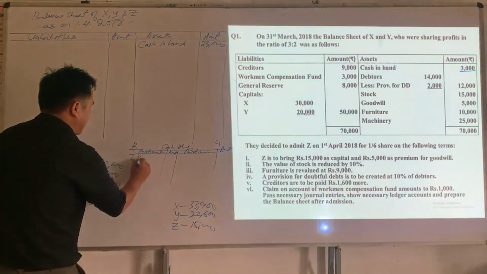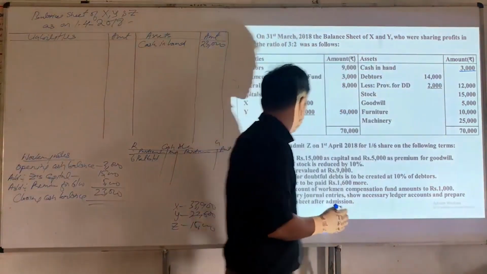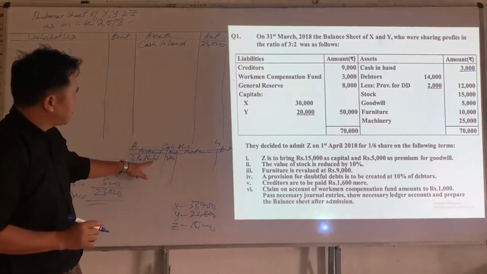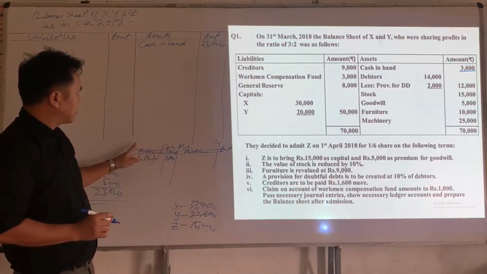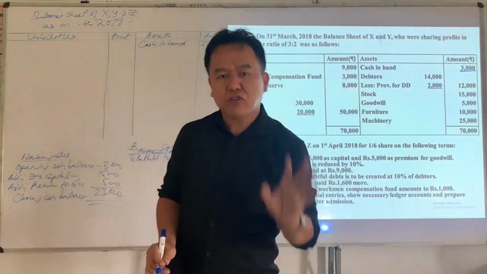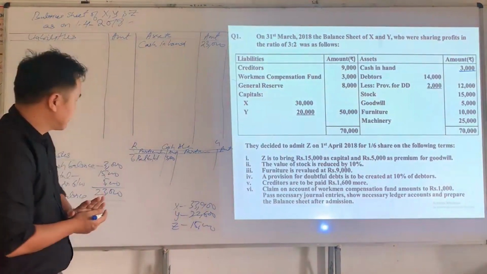So, to balance brought down. What is the opening balance of cash? 3,000. Since cash account shows a debit balance, the opening balance should be written on the debit side of the cash account.